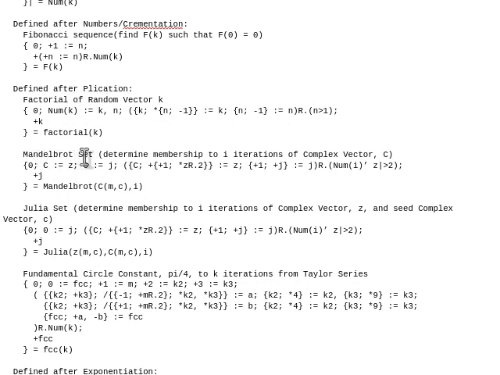So the Mandelbrot set: what this is doing is determining membership to I iterations of complex vector C. So you're inputting the complex vector C with the M vector and the curl vector, and you're also entering the number of iterations that we're going to compute this to. The output is the number of iterations that we reached.